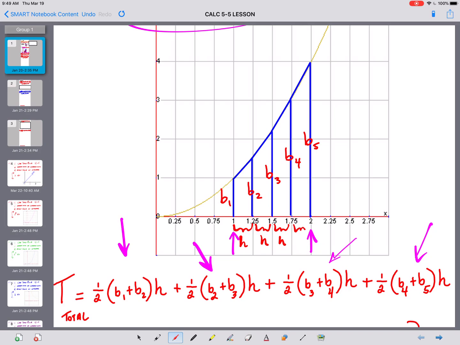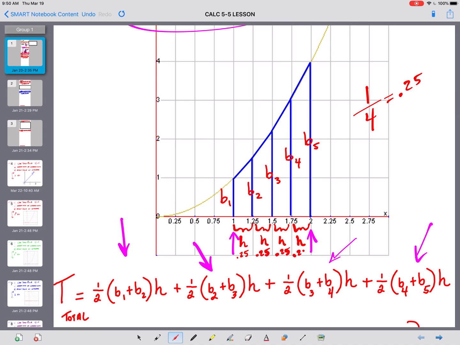In this particular problem, look at how much it is. From 1 to 2, we have 1 unit and we're breaking it into 4 equal-height trapezoids. That means each height is 0.25, and that's what you're seeing right here, 0.25 for each one of those heights.